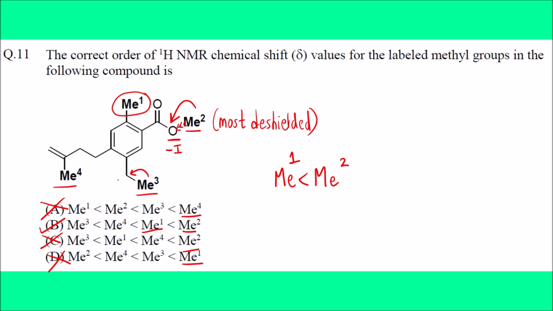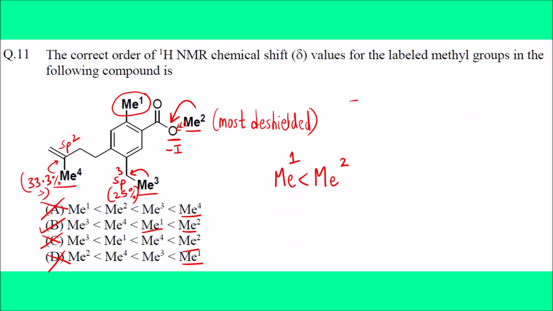Now between 3 and 4, 3 is attached to an sp3 hybridized carbon, which has 25% S character, and 4 is attached to an sp2 hybridized carbon, which has 33% S character.